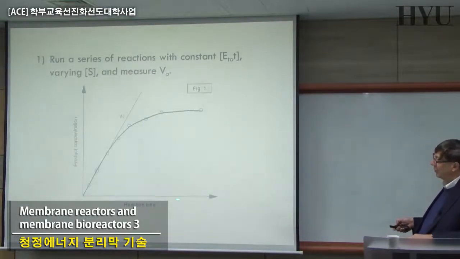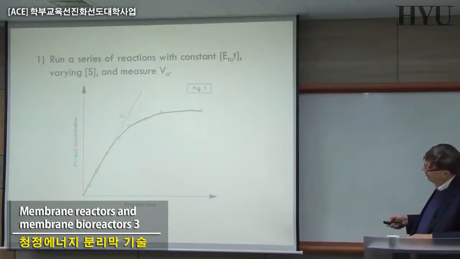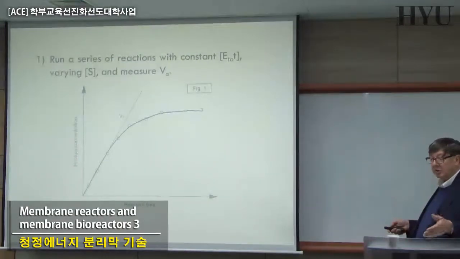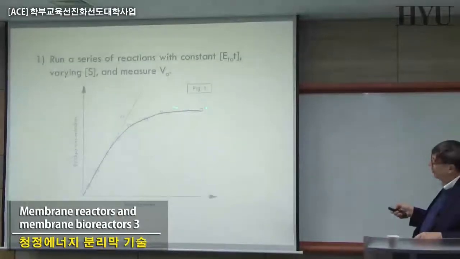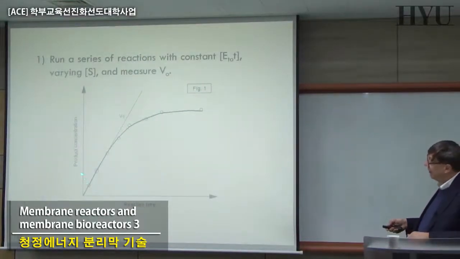This is the kind of plot that you have. You plot here the product concentration that you can measure continuously during your reaction at different values of the concentration, and here is reaction time. And you have this kind of numbers that you will measure. This is the velocity at the starting point when there is no back diffusion, and that is the V0 that you want to obtain.